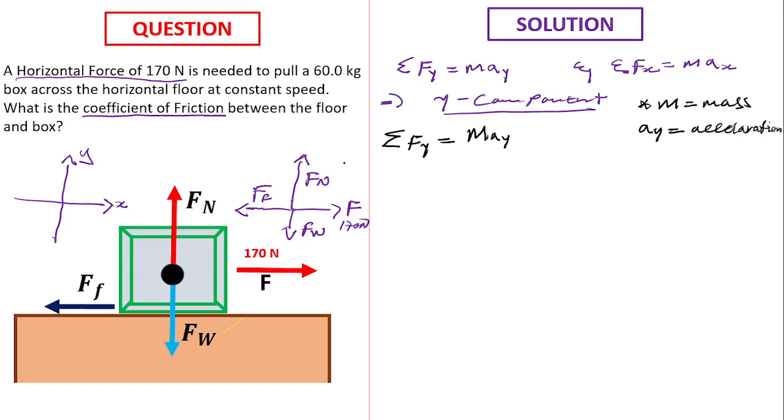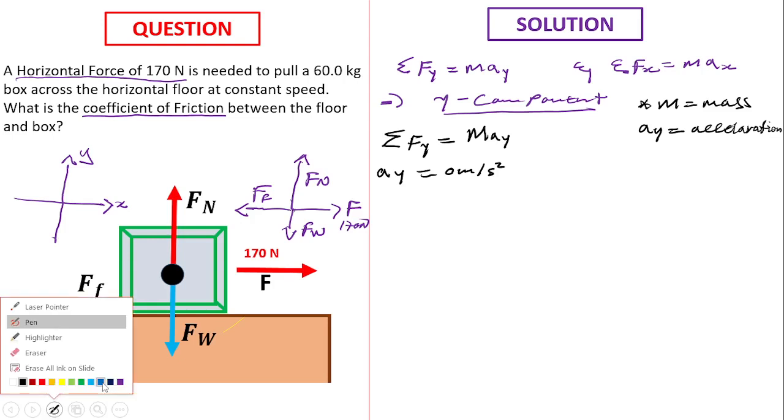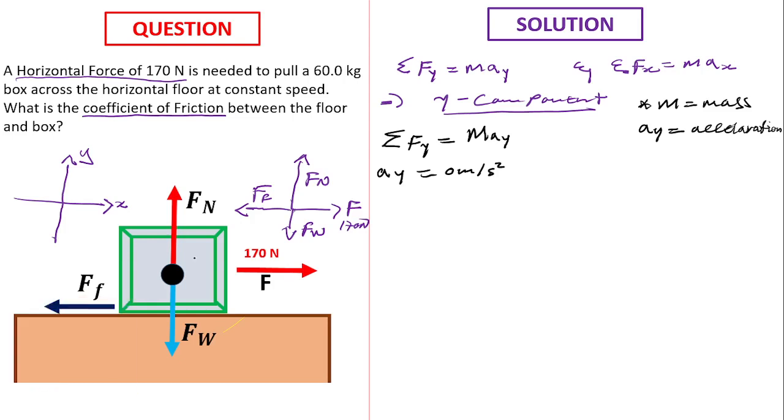So one thing that you need to understand, this object is on the floor and the only resultant force you're having is this one. So this simply means that ay is simply equal to 0 meters per second squared. Why have we said ay is 0 meters per second squared? It's because there is no movement in the y component.